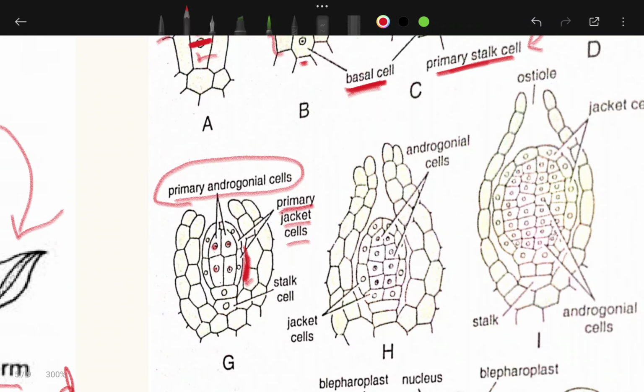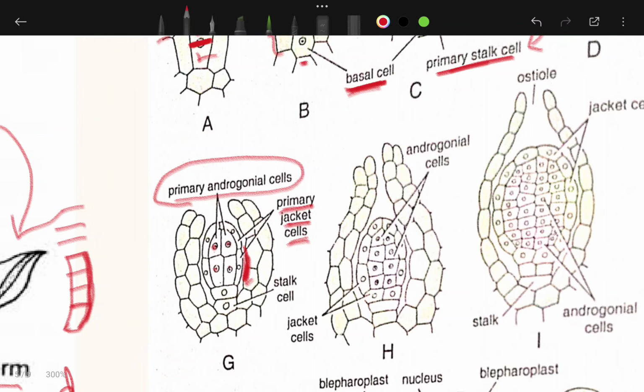Now these primary jacket cells will undergo anticlinal division. Let us just draw one of the cells. Since this is the cell surface, anticlinal division will take place perpendicular to the cell surface, right? So new wall formation will take place in this direction only.